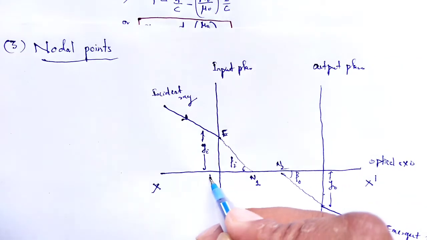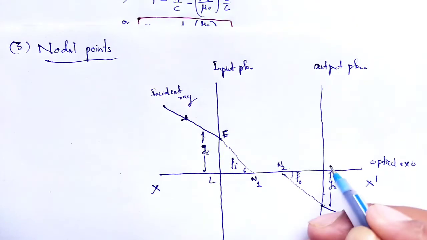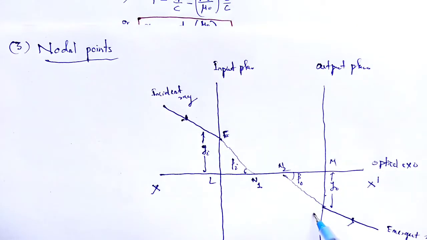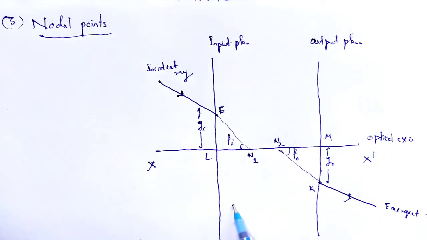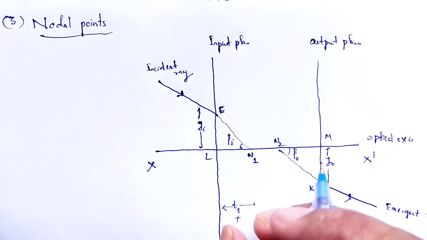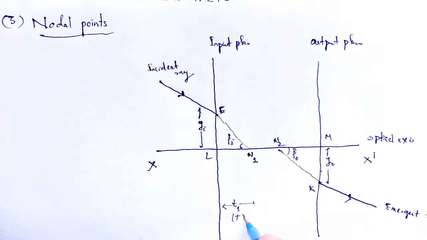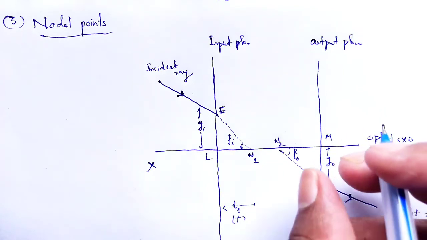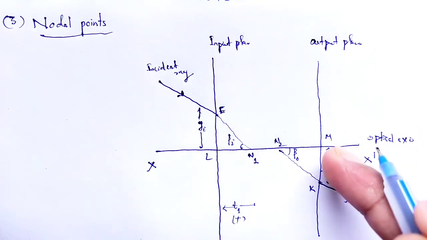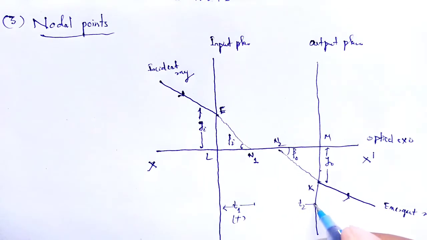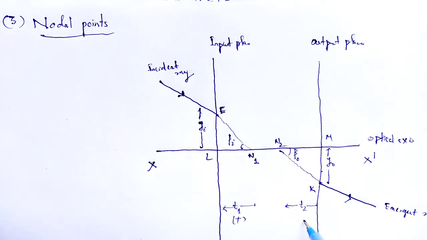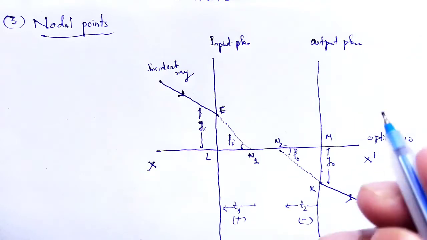The points are L, M and K. Again, this distance is treated as T1, which is positive as per the sign convention of length. Then the distance from that point to the nodal point, that is T2, is taken as negative.